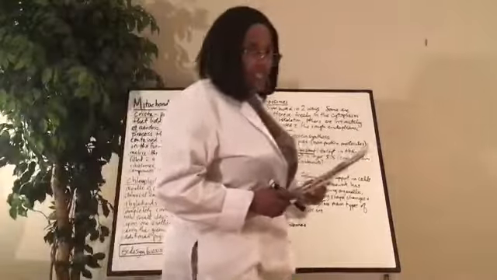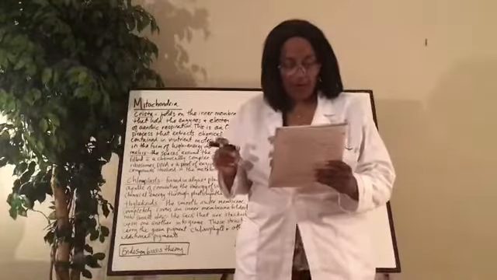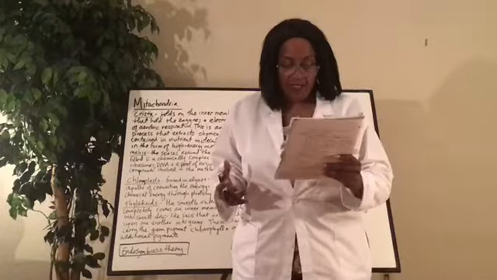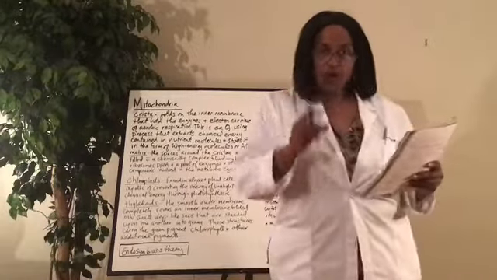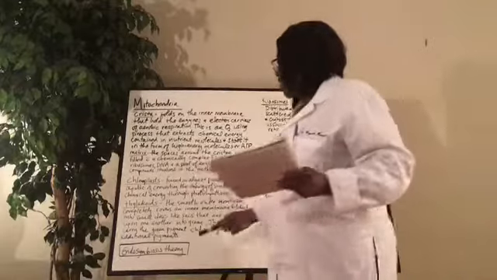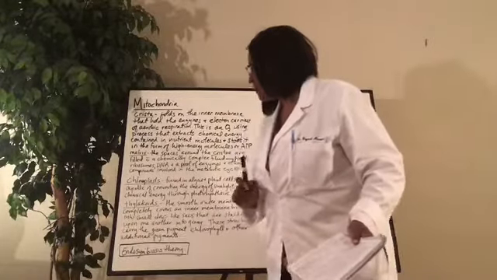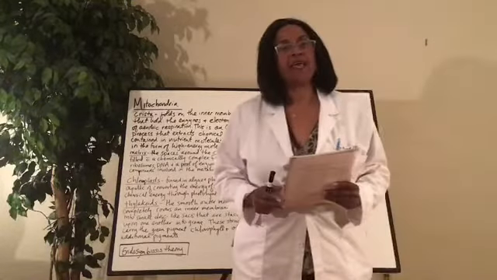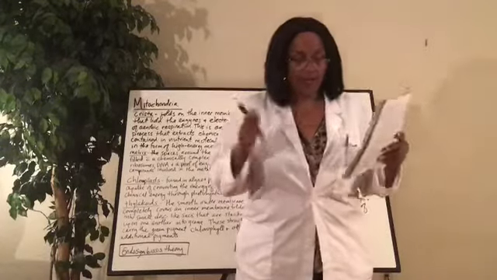Now, interesting thing about the mitochondria, we already know that it provides energy to the cell. That's the ATP, right? I want you to know that there's another interesting thing called endosymbiosis. And there's an endosymbiosis theory about mitochondria.